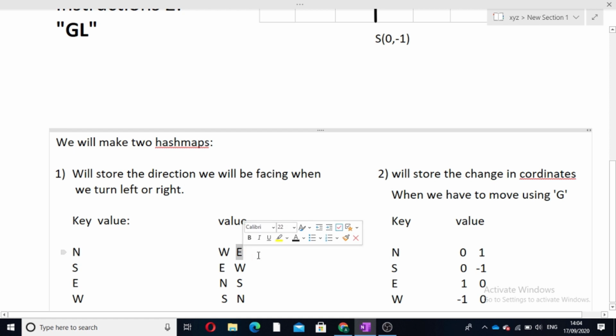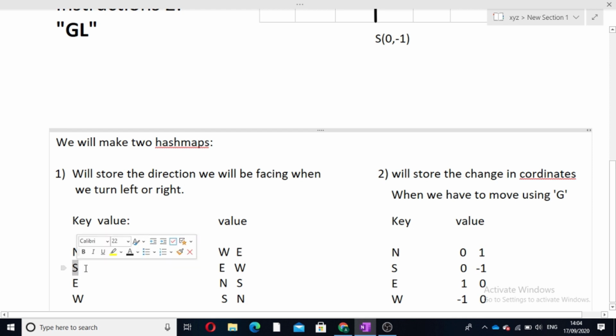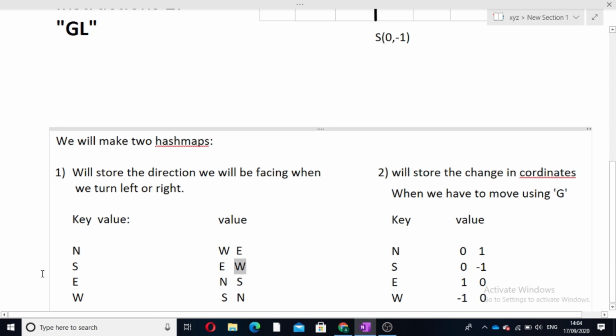And when initially it was facing south, when it encounters left it will be facing east, and when it encounters right it will be facing west. So this was the key and value pair of the first hash map.